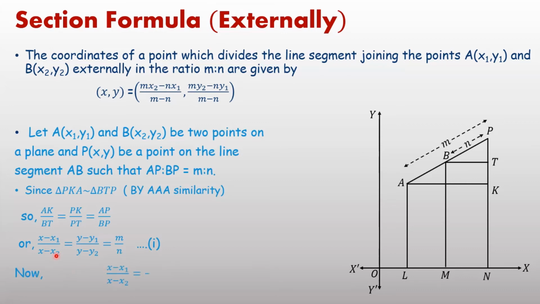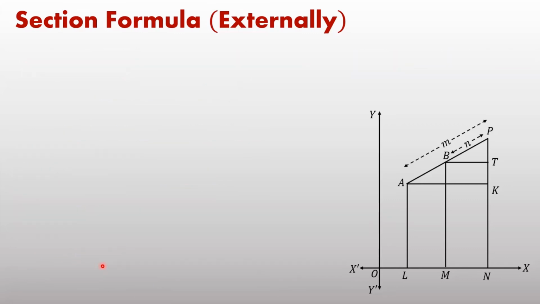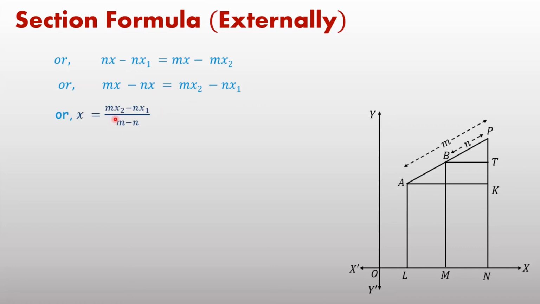Now, taking the first and third parts, x minus x1 upon x minus x2 equal to m upon n. Then cross multiply and rearrange, you will get mx minus nx equal to mx2 minus nx1, or x equal to (mx2 minus nx1) upon (m minus n).